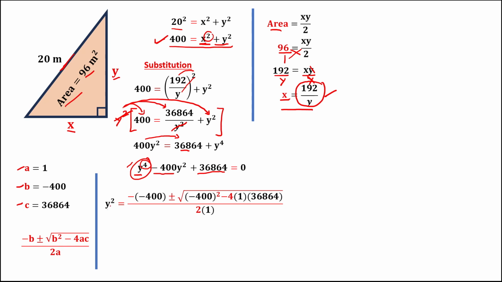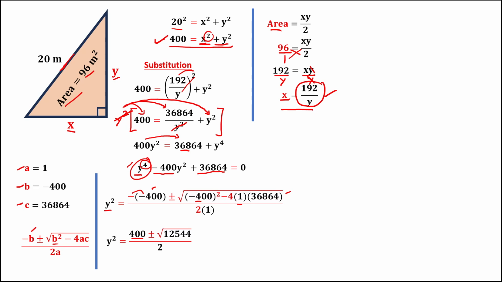Then we have b, and b is negative 400, b to the power 2, times a is 1, c is 36,864.